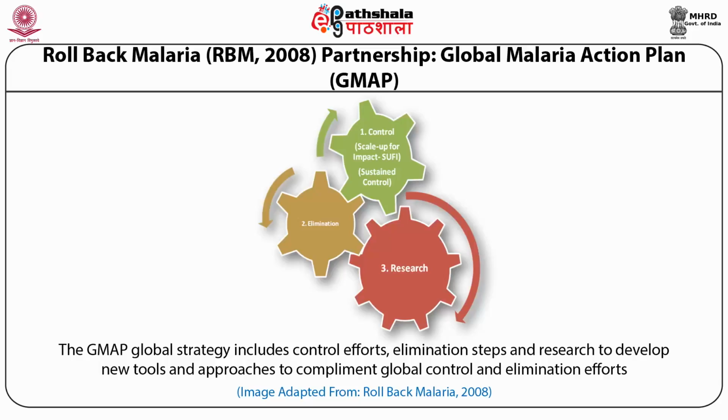The BRIDGE program collectively brings inputs from 30 malaria endemic countries and regions, 65 international institutions, which include academic and research institutes, and 250 experts from various malaria fields. The three core areas include control efforts, elimination steps, and research to develop new tools and approaches to complement global malaria control and elimination efforts.